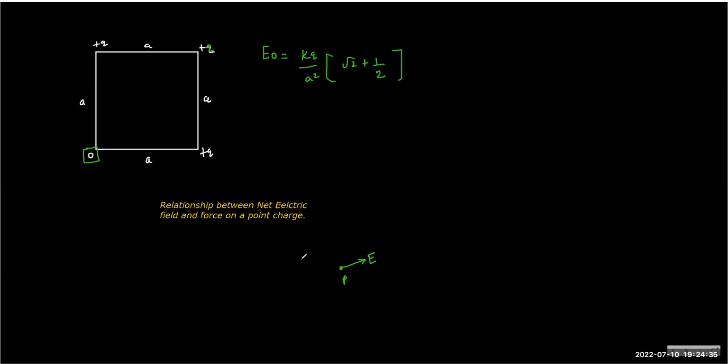So if any charge Q comes at this location, and E is the field due to all other charges except the Q charge, the Q is coming here to experience it, right?